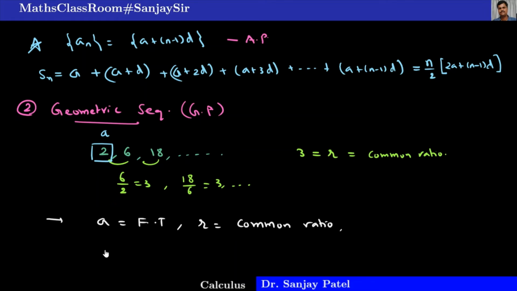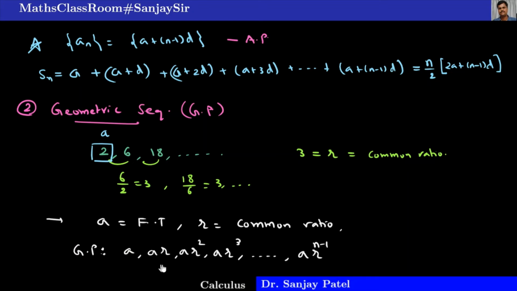Then the geometric progression is given by: first term a, second term is a into r, third term is a into r square, fourth term is a into r cube, and so on. So the nth term is a into r raised to 1 less.